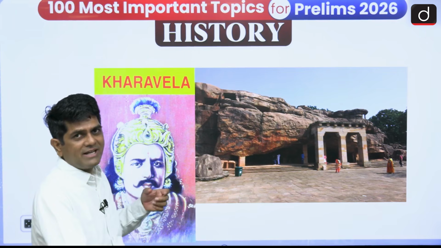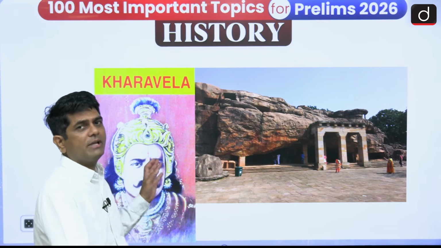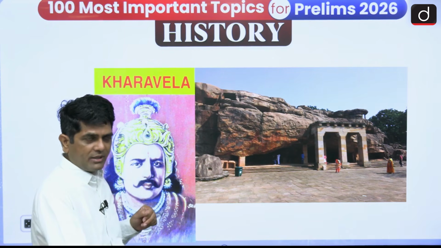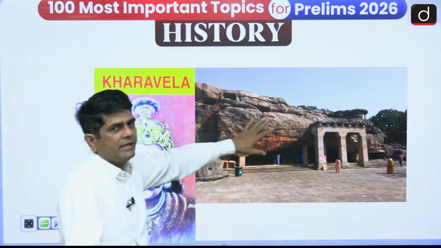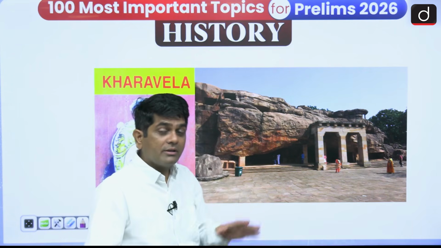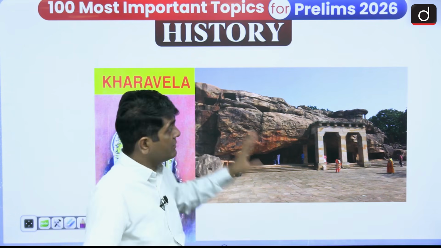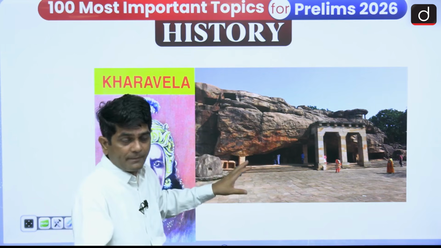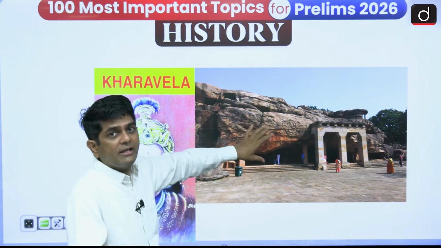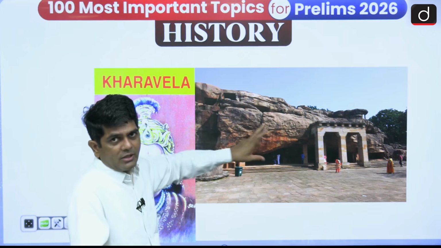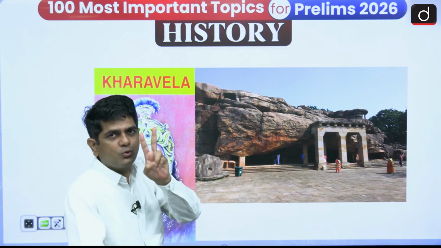He was from which dynasty? He was from the Chedi or Mahameghavahana dynasty, and he constructed these rock cut caves for whom? For the Jaina monks. So these are very, very important, dear. At Udaygiri caves, you have to memorize two important caves.